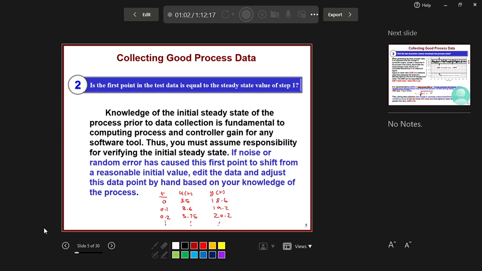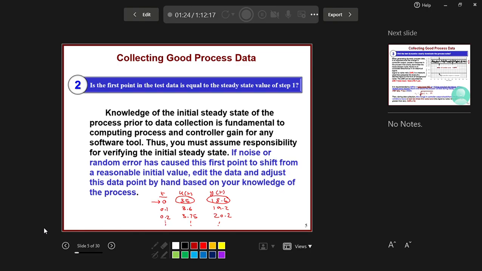This step, the time of zero, means the start of collecting the data. At this point, make sure that this u and this y are the steady state conditions of the process at the beginning of collecting the data.